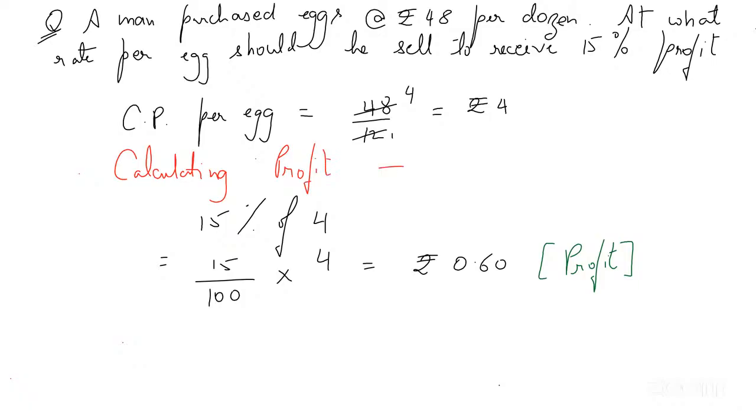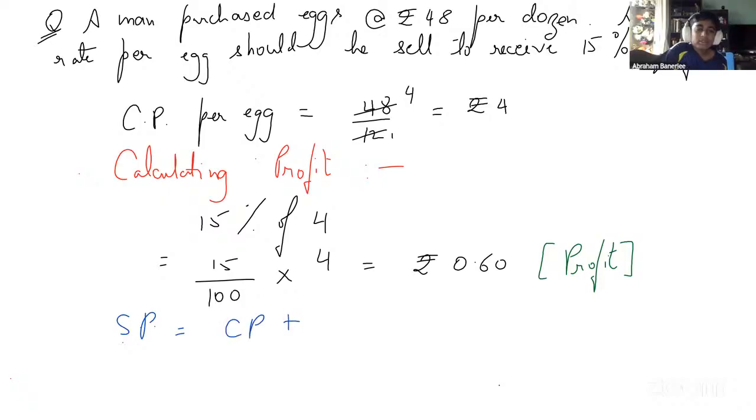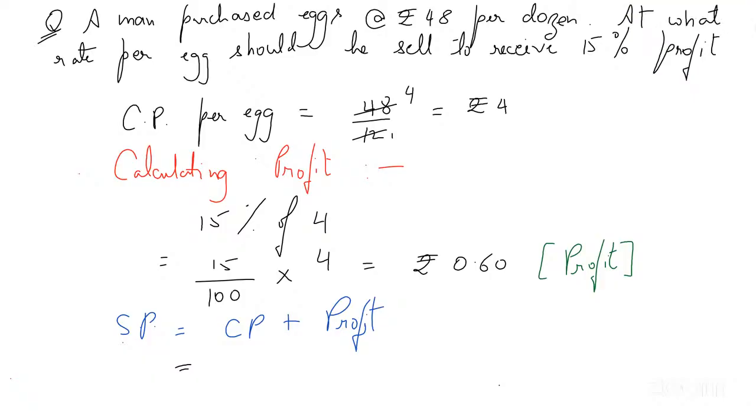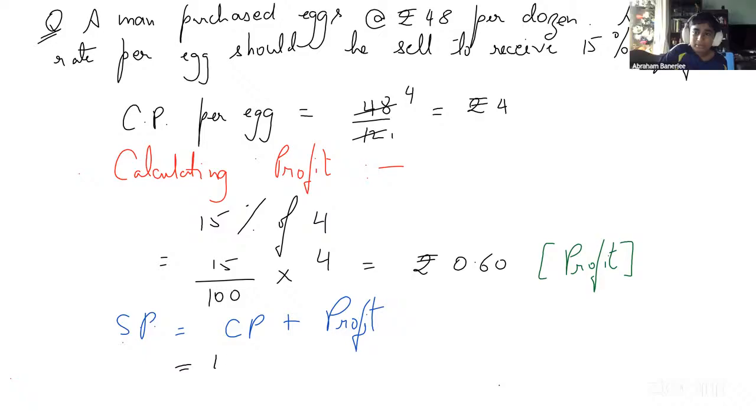Now we will calculate the selling price. Ma'am, I have a question. There will never be such a question asking that the man wants a loss of 15%? No question like that will come.